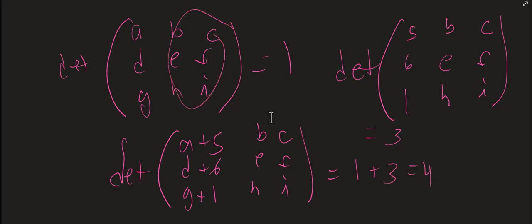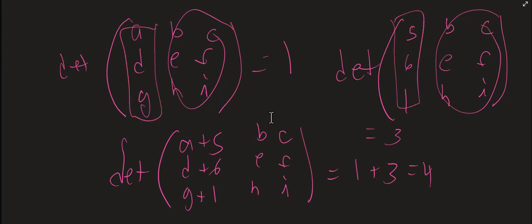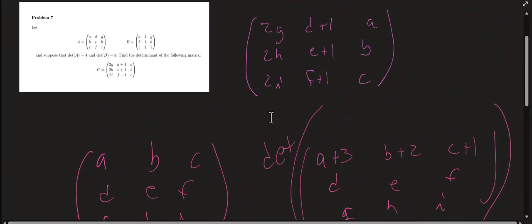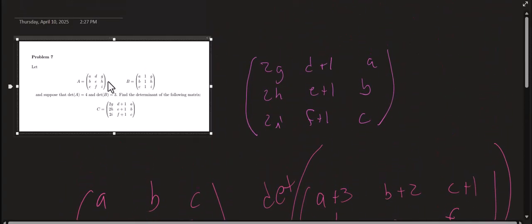So these were the same, and then I added these together, and then I can add those two together. So for this problem, we have to see how we can combine these two matrices.